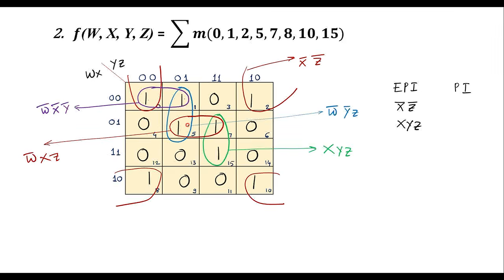Now apart from this, there are no other cells which are covered only once, so all the remaining are prime implicants, that is w bar y bar z is a prime implicant, and we have w bar x z as a prime implicant. Similarly, w bar x bar y bar is a prime implicant.